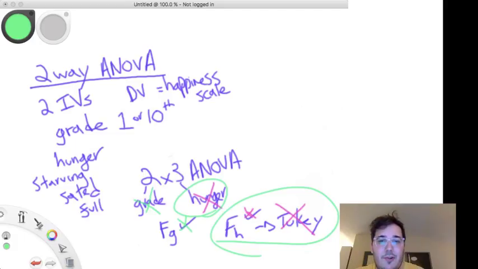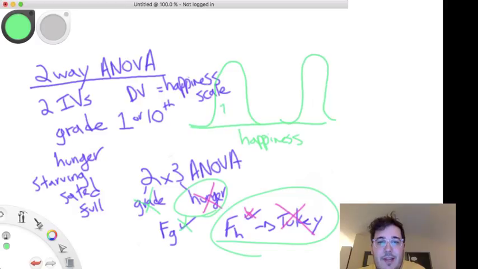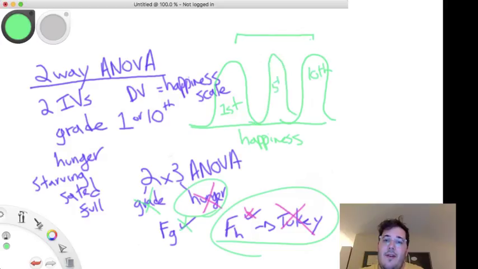So in this case, for grade, if happiness is my DV, then I have 2 distributions, a happiness for first graders and a happiness for 10th graders. The F is telling me there's a difference, which means it must be between these 2 groups, these 2 levels, first and 10th. If it was 3 levels, like first, 5th, and 10th, then where is it?